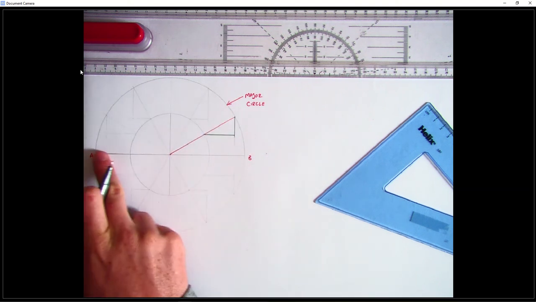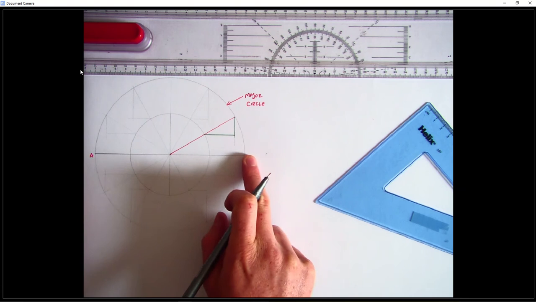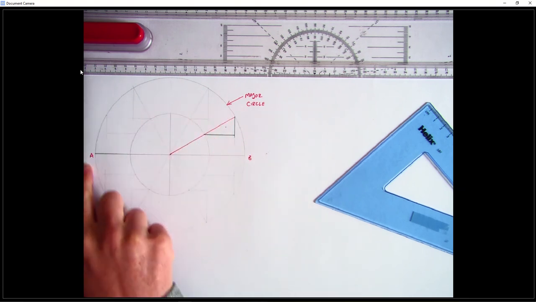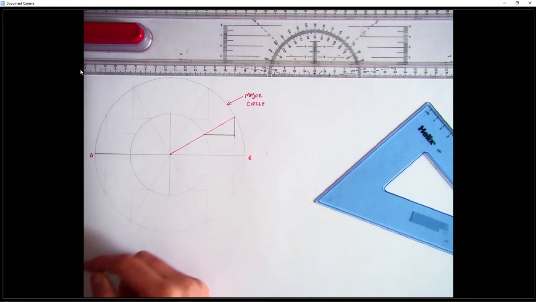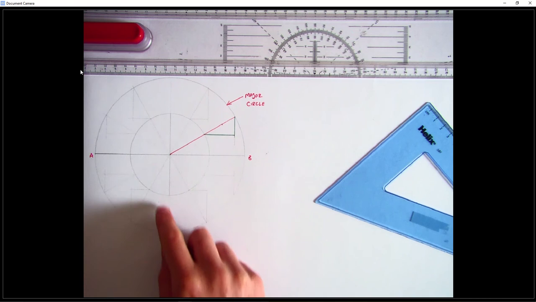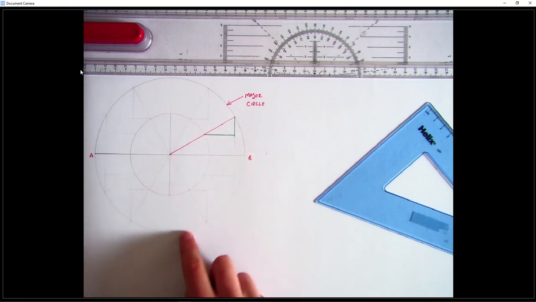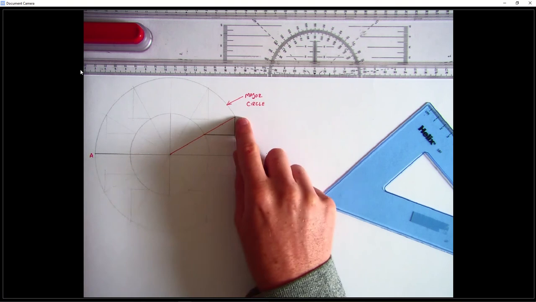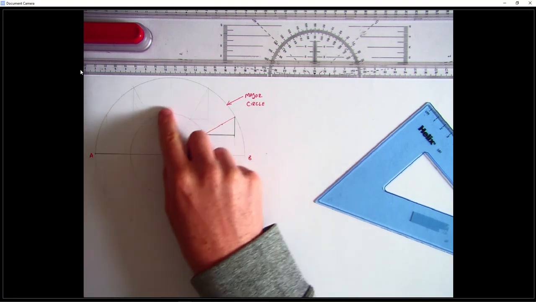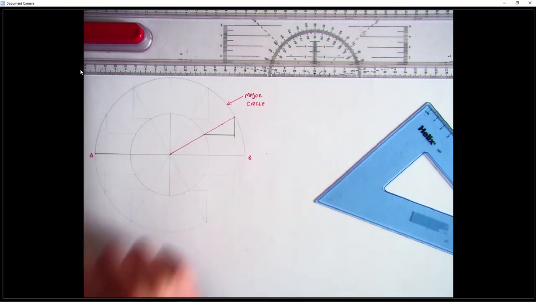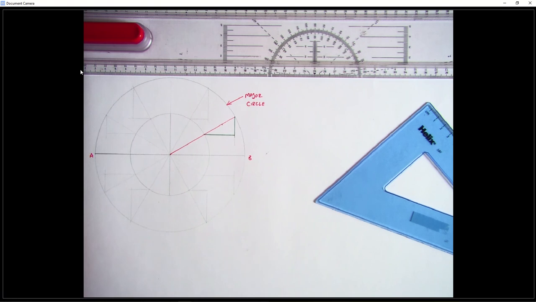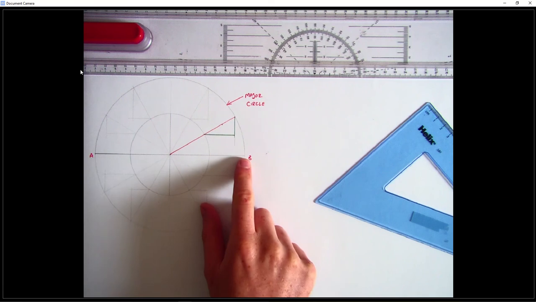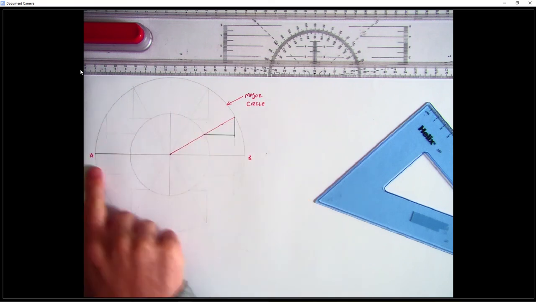For example, if my major axis is a horizontal line, my ellipse is going to look something like this. If my major axis is a vertical line, my ellipse is going to look something like this. If my major axis was going in this line here, my ellipse would be in this orientation. So the orientation of the major axis determines the orientation of the ellipse. That line AB, I'm going to call my major axis. We want our ellipse to go in this direction.